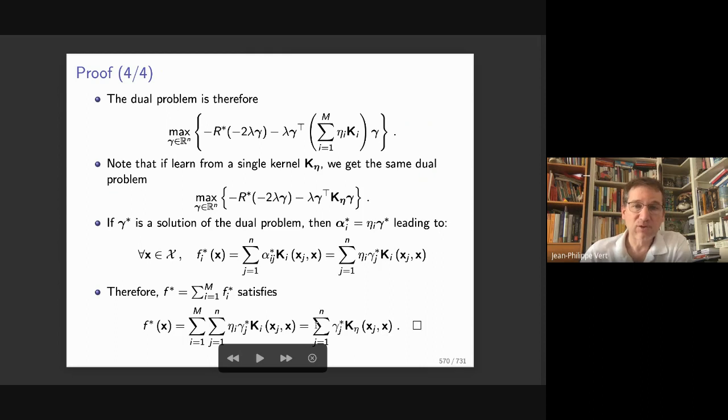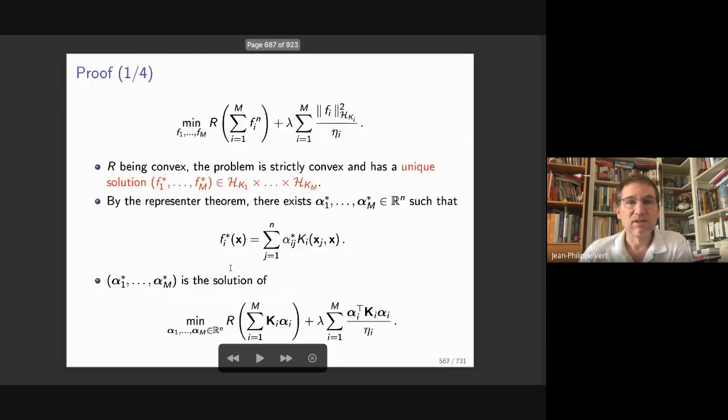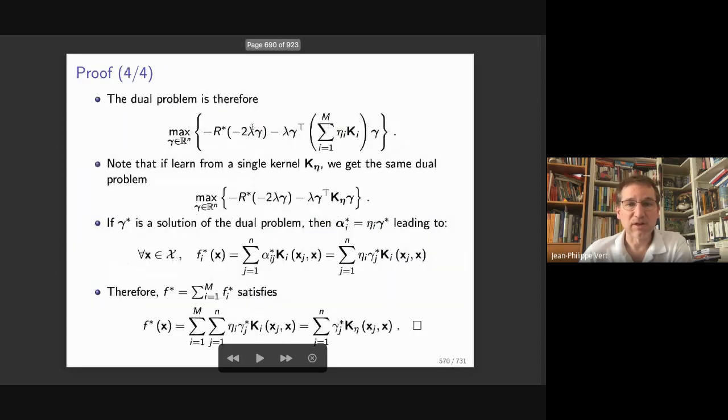So when you define f star as the sum of the fi stars, which is the function you train in the risk, it turns out to be the sum of gamma j star times k eta of xj x.